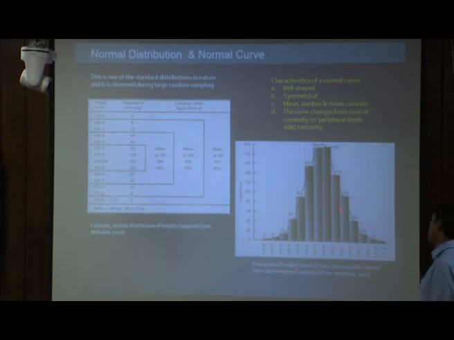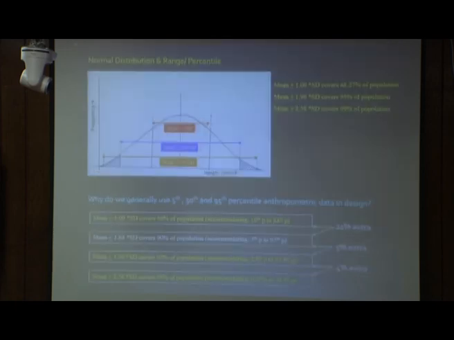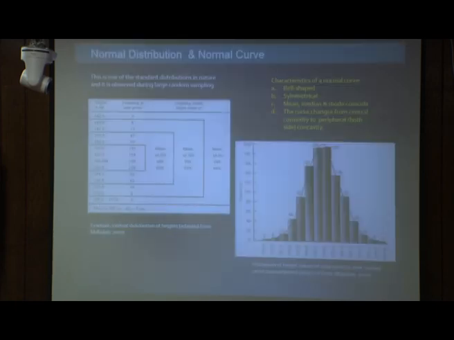This bell-shaped curve is called normal distribution or normal curve. While the data set follows normal distribution, we get this type of normal curve. A few characteristics are mentioned here. It should be bell-shaped. Then it is symmetrical from the midline, both sides are similar.